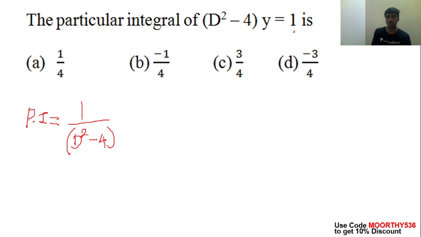We are converting this 1 into e power ax format: 1 into e power 0x. So e power 0x is equal to 1.